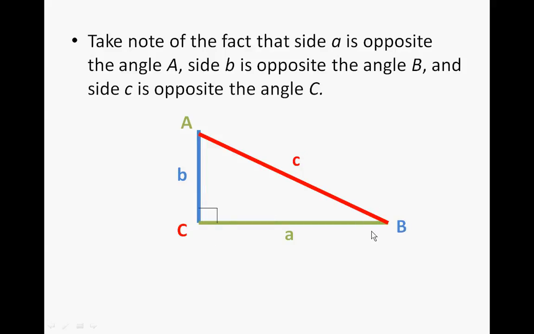And then B is indicating this angle here, which refers to lowercase b, the farthest side away from the angle. Now, a and b are interchangeable, but C is usually referred to as the right angle, and c is the hypotenuse.